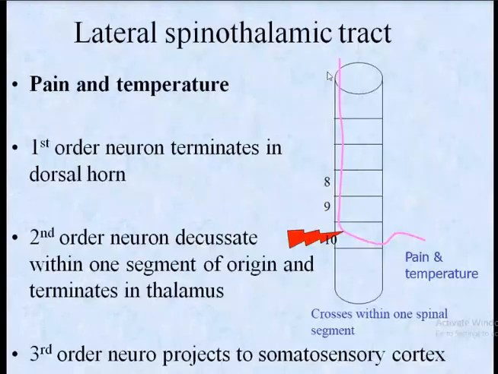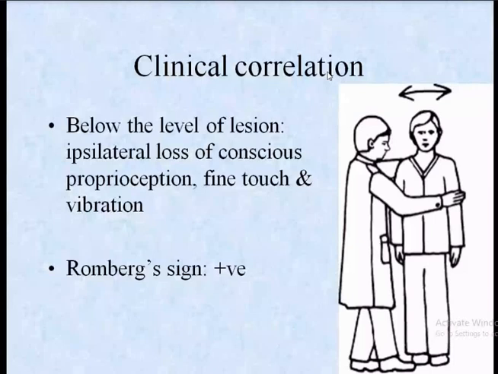Okay, this one. As the picture is showing, a person is asked to stand straight with feet together and eyes closed. So what happens in a positive Romberg's sign? The person falls down when he stands with closed eyes.